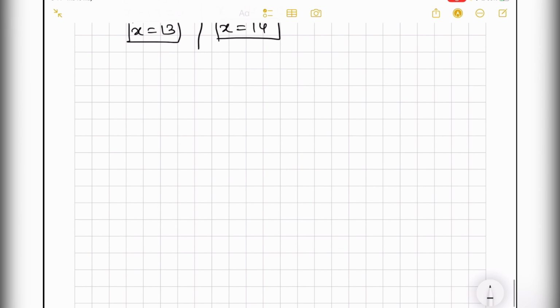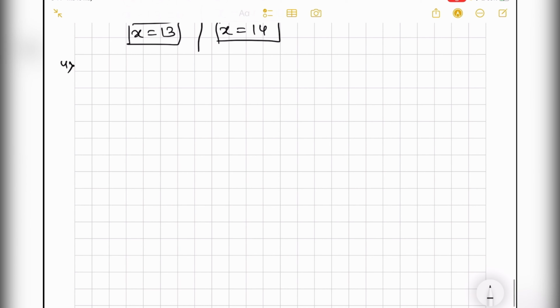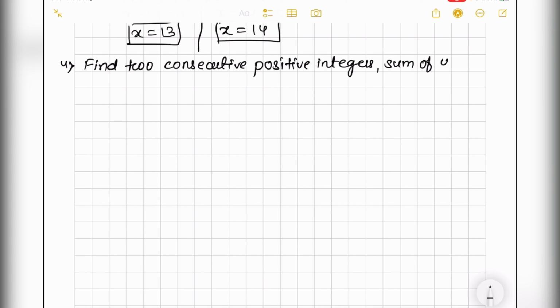Now coming to the fourth question, it says, find two consecutive positive integers, the sum of whose squares is 365.